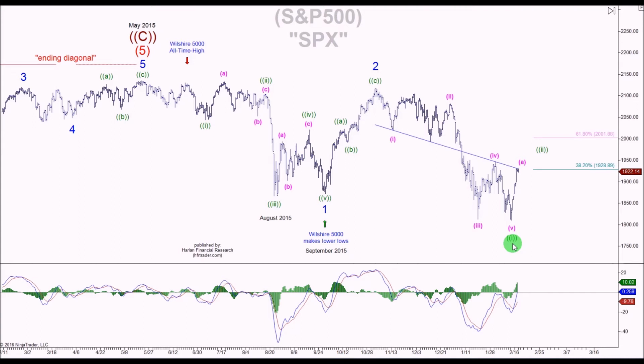Or are the Wilshire and the global Dow indexes going to be correct, and we actually have 5 waves down here, 3 waves up, and 5 waves down to form minor wave 1, minor wave 2, and minute wave 1 of minor wave 3, which means that we're in a minute wave 2 correction now.